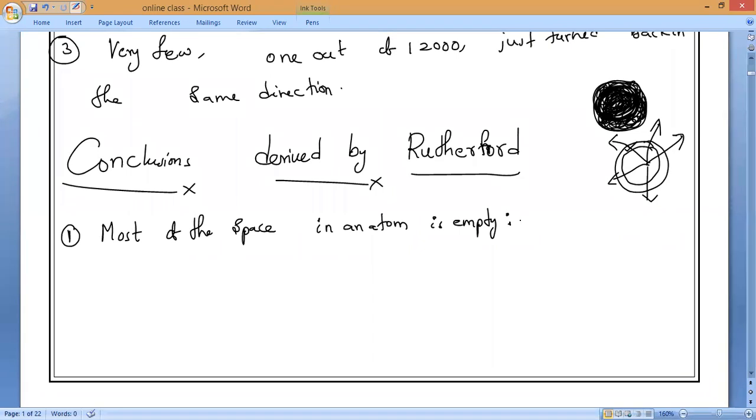Explanation: a major portion of the space in an atom is empty, as most of the alpha particles passed through the gold foil.